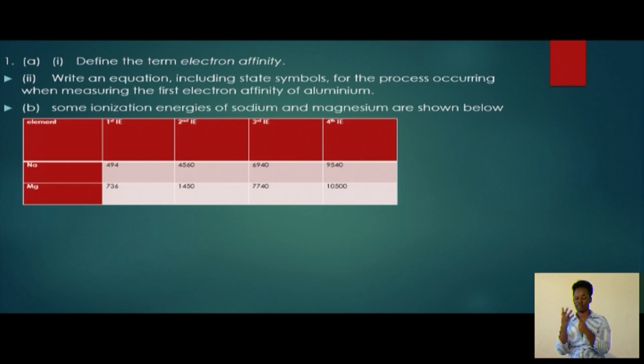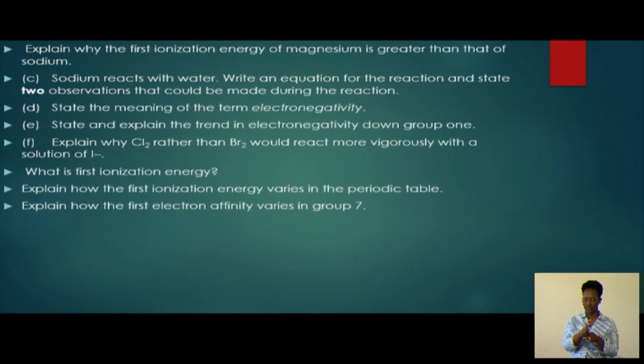For magnesium, 736, 1,450, and 7,740, 10,500. And what are the questions? Here we have the questions. Explain why the first ionization energy of magnesium is greater than that of sodium.